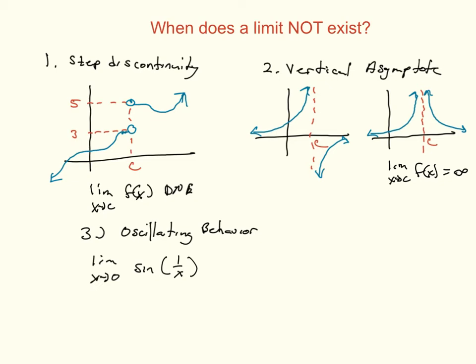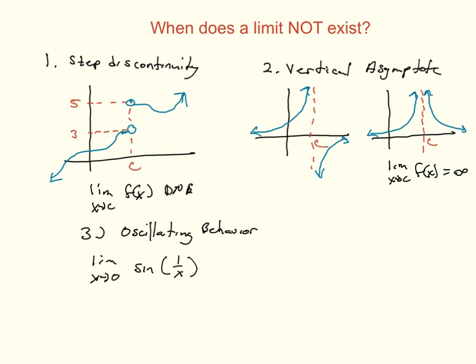Now, it's important for you to recognize what's happening. As x moves closer and closer to 0, 1 over x is going to be getting bigger and bigger and bigger, or going in the negative direction as well. And because it's getting so big, the sine of 1 over x is going to be bouncing between 1 and -1 very, very quickly.